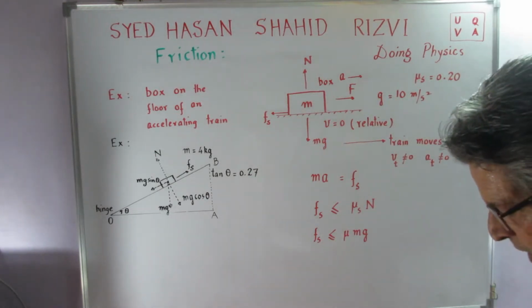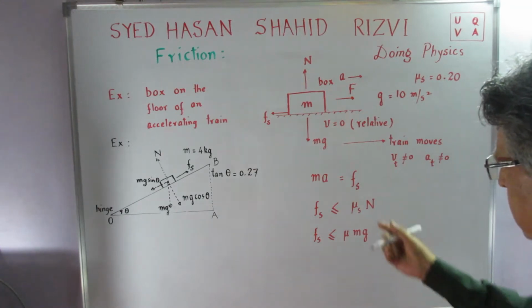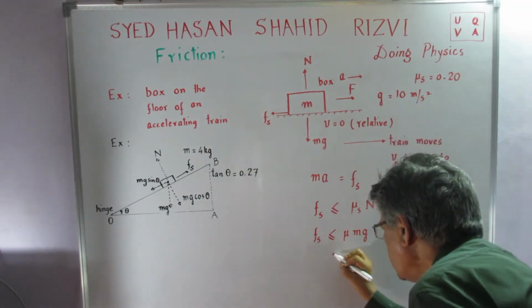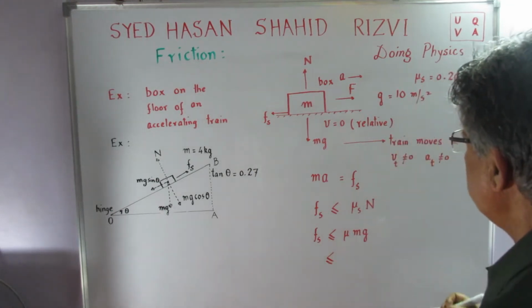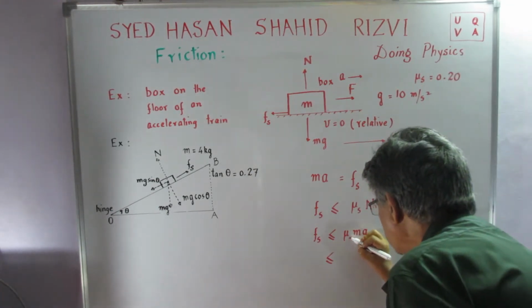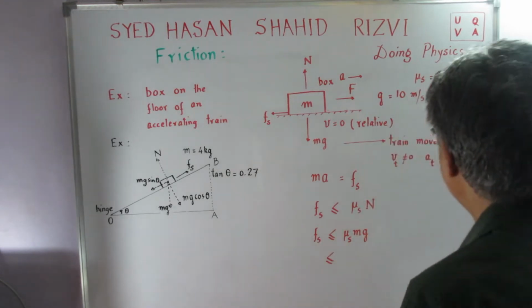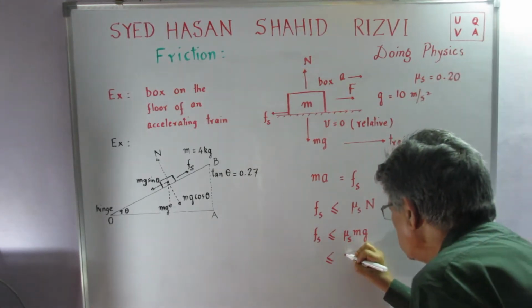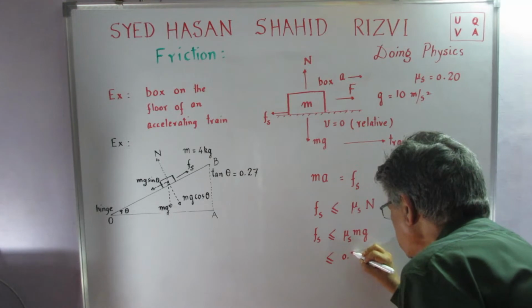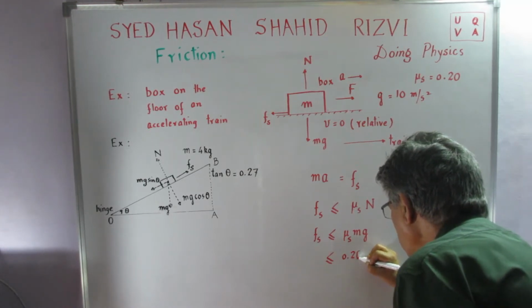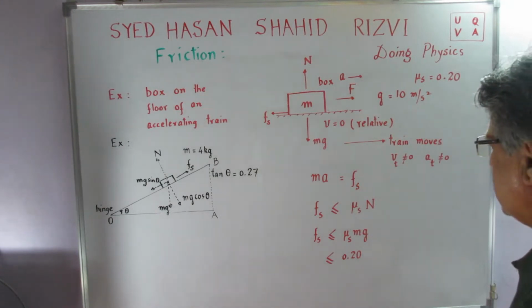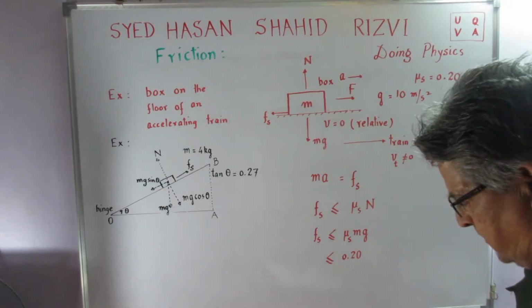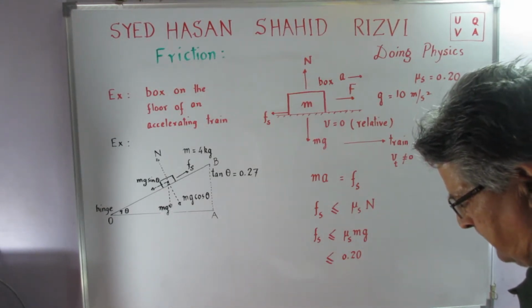If I substitute the values, this must be smaller than or equal to mu s mg, so it is equal to 0.20, the accuracy is up to the second digit, and then mg.